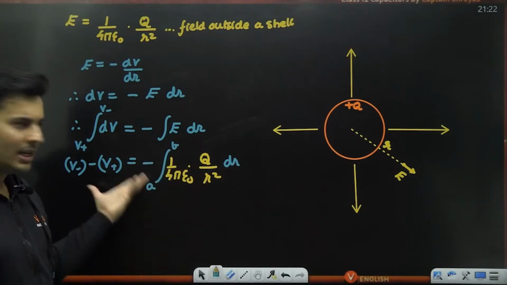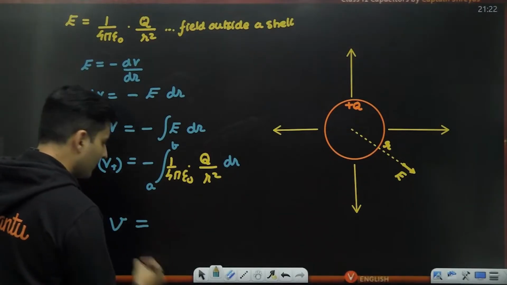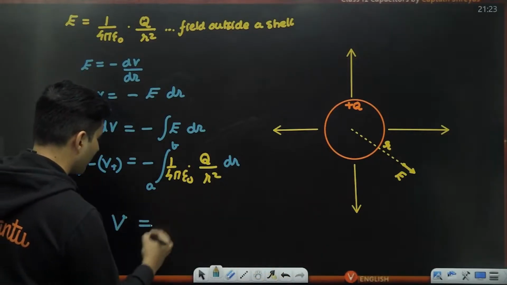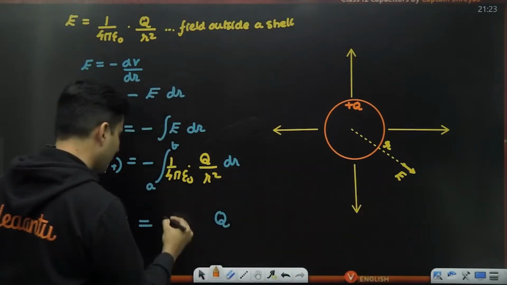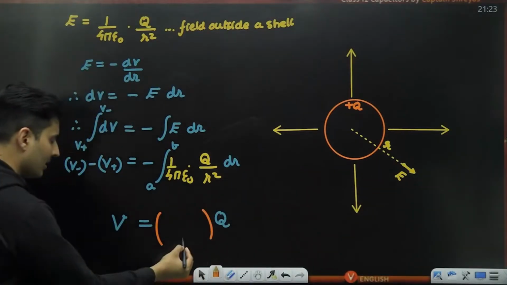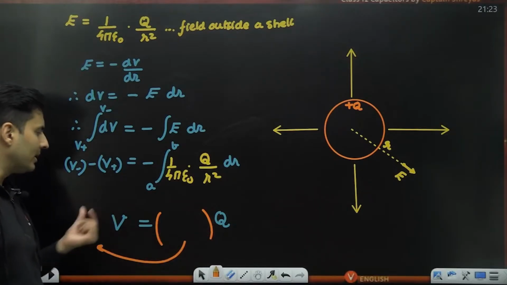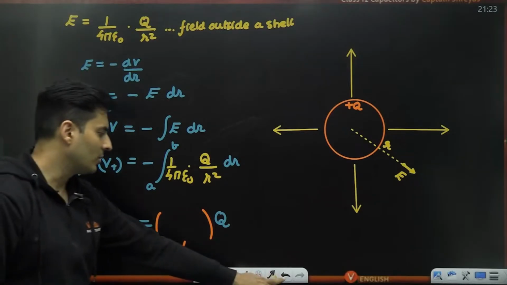So integrated, and then solving this, you will somehow get that the voltage over here is something into the charge, and that something over here, if you shift it on this side, you will get capacitance because Q will be equal to CV. So this is how you get it.